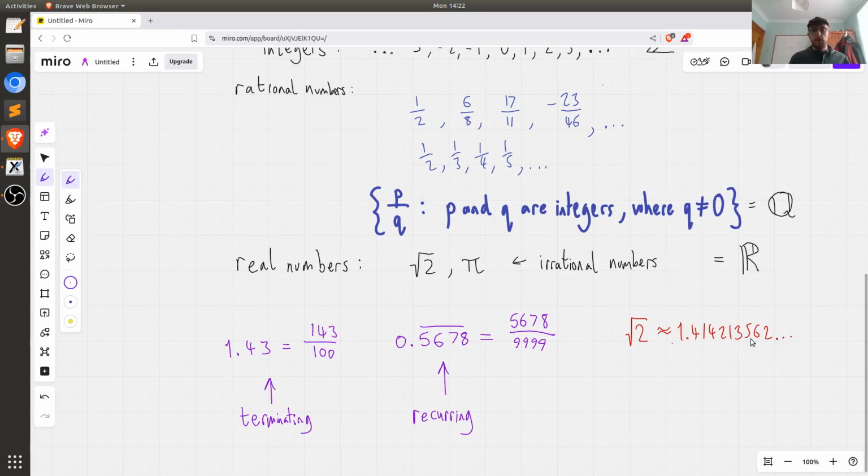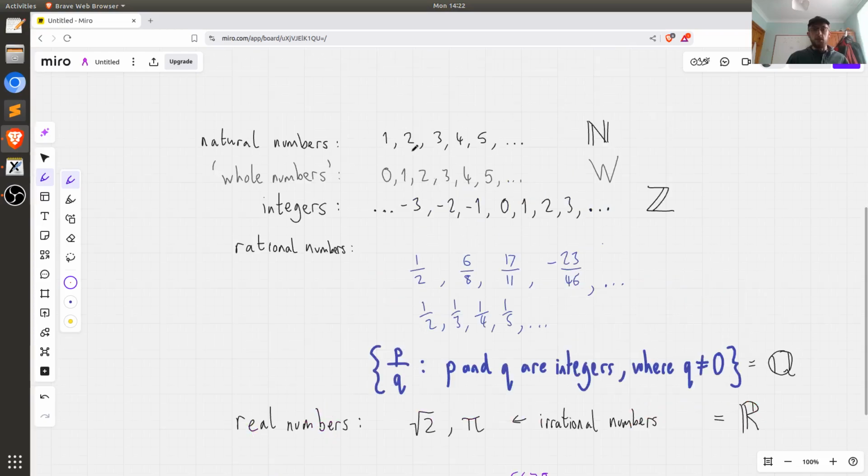Okay? So, to recap, natural numbers, that's 1, 2, 3, 4, 5, and so on. Integers, that's all the natural numbers, and 0, and their negatives. Rational numbers, that's one integer divided by another non-zero integer.